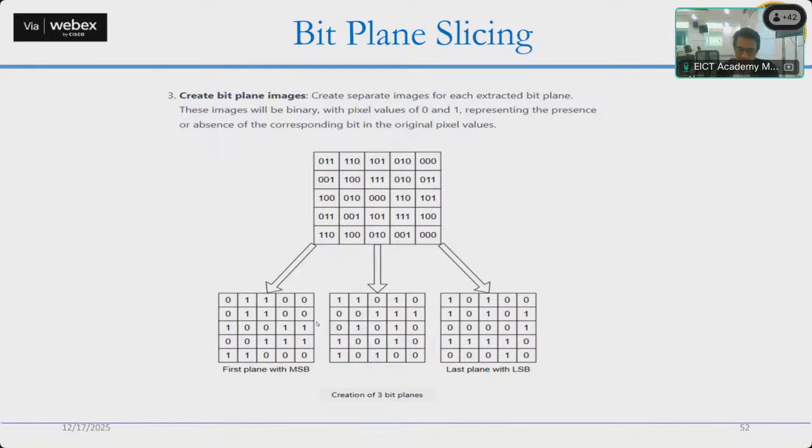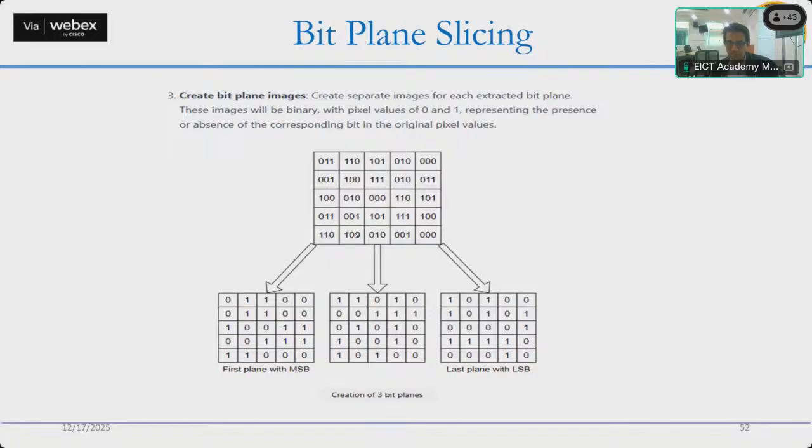For example, here 1, 2, 3. So I repeat my question: is there any more plane possible in this image? Combining 2 bits?